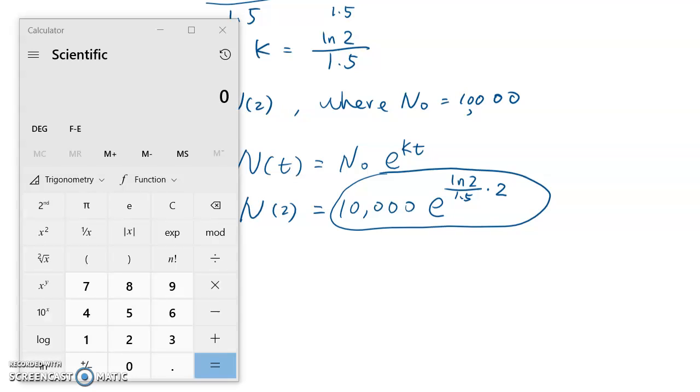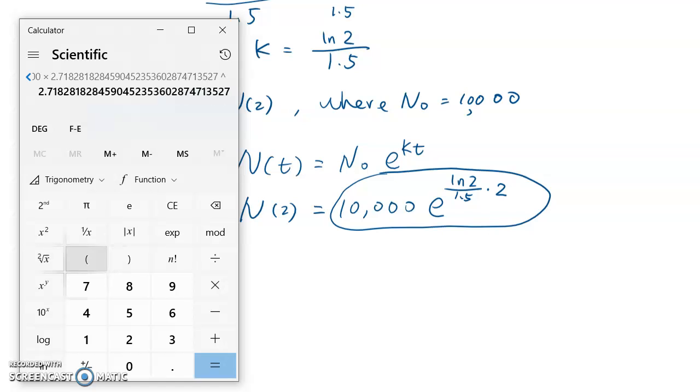I'm going to use a scientific calculator here. It's 10,000 times e to the power of, I'm going to use parentheses here, parentheses, ln of 2, divided by 1.5, and then times 2, and then close the parentheses.